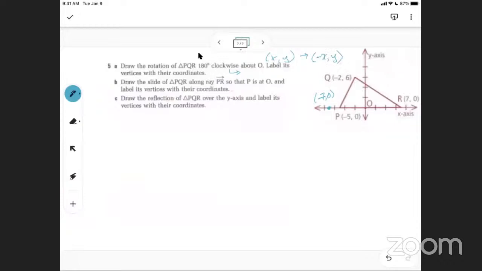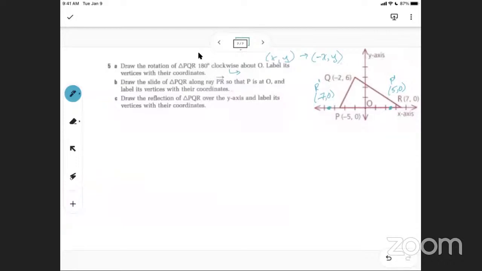So this point right here, which is negative 5, 0, becomes 5, 0. That's your new P, so this is P prime. This is R prime. And then this one would just be 2.